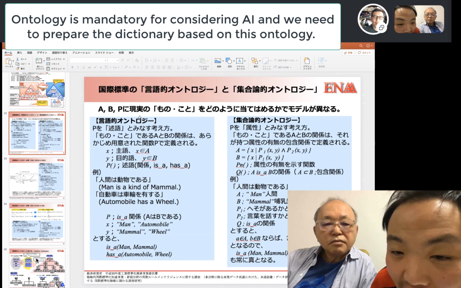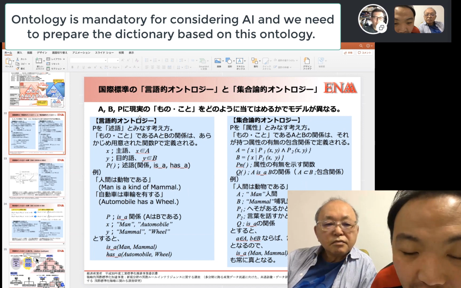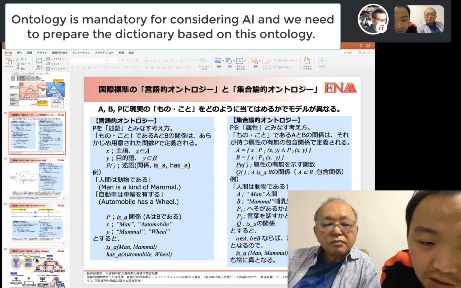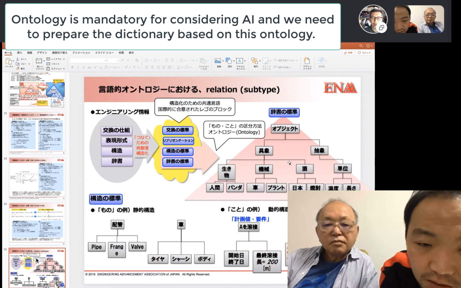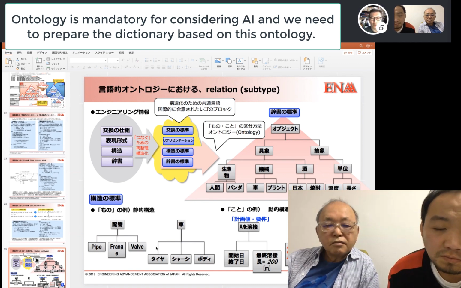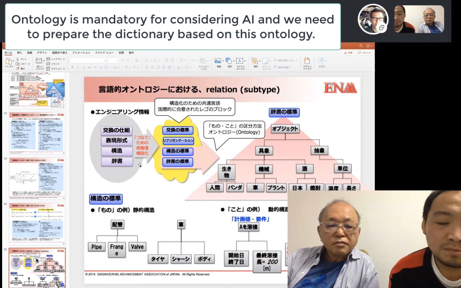So at this moment, when we talk about ontology, it is the idea of how to classify and explain the composition of things or objects. This is ontology.